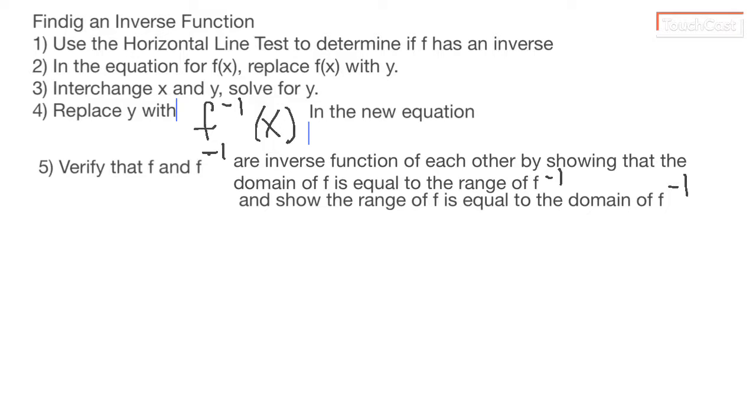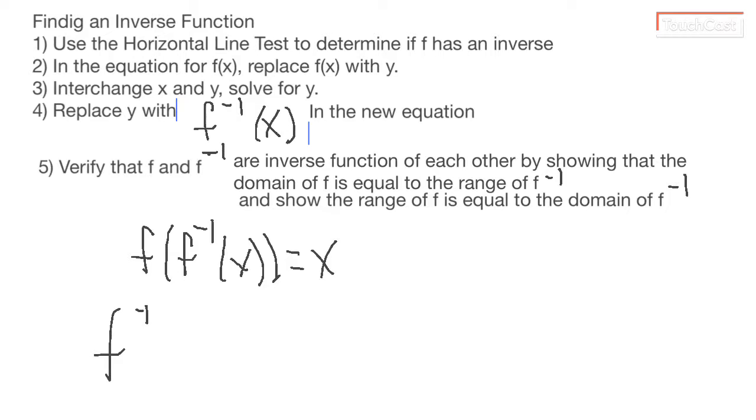How we would do that is we are going to take the composite of f and f inverse. So we're going to show that f of f inverse of x is going to give us x. And we're also going to show that f inverse of f of x is also going to give us x. If that works, we've found ourselves an inverse.